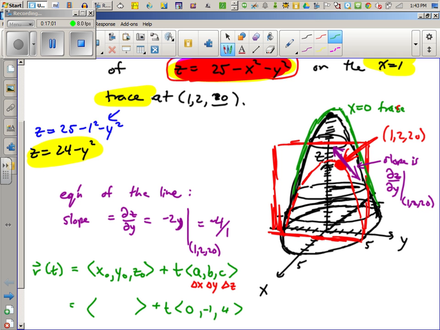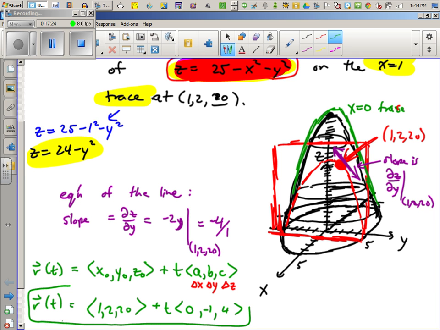And x naught, y naught, z naught, that's easy. That's just the position vector for any point you happen to know. The point we know is 1, 2, 20. So that's going to be our x naught, y naught, z naught, and we did it. We got the equation of a line tangent to a trace. So this is 1, 2, 20, and that's the answer.